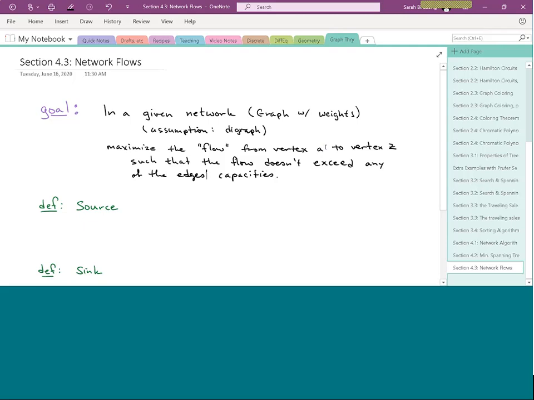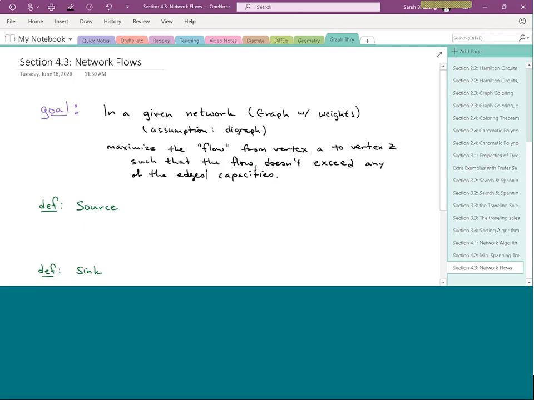So vertex A would be where you dump the liquid into the pipe system. Vertex Z would be where you're looking for all of that liquid to end up coming out of the pipe system. The flow would be the total amount of liquid you're able to pump through the system.